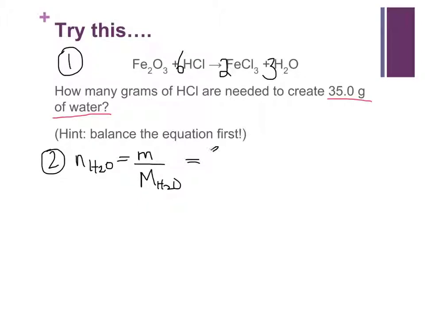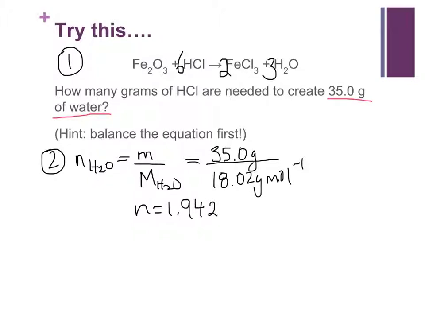Alright, so what you should have calculated was 35.0 grams divided by 18.02 grams per mole. That would give us 1.9422. I'm going to keep 4 decimal places because we are not finished our calculation yet.